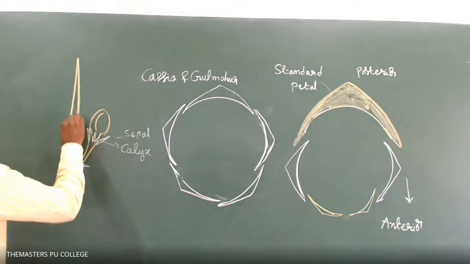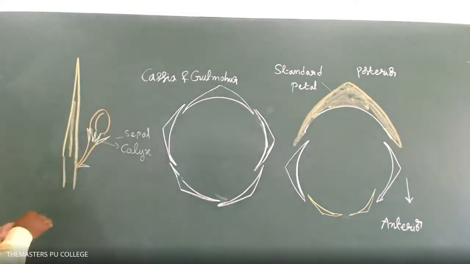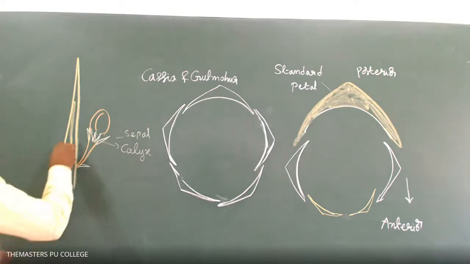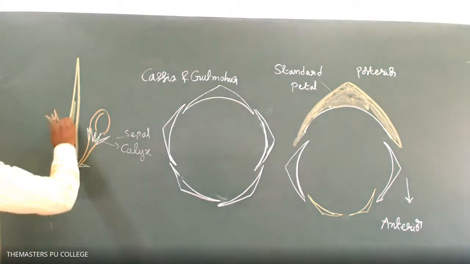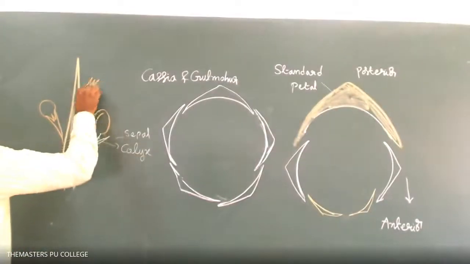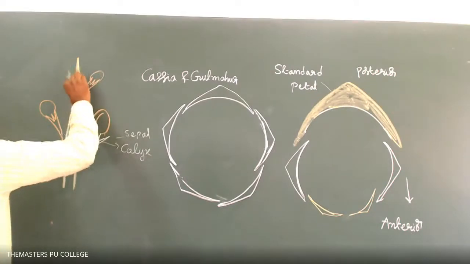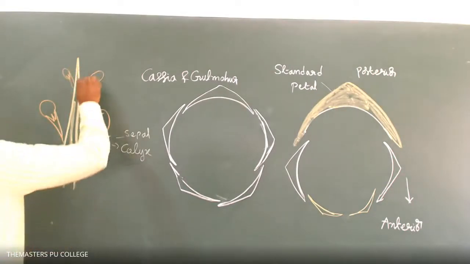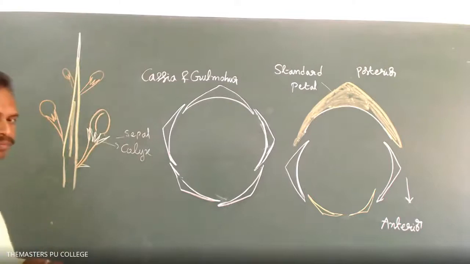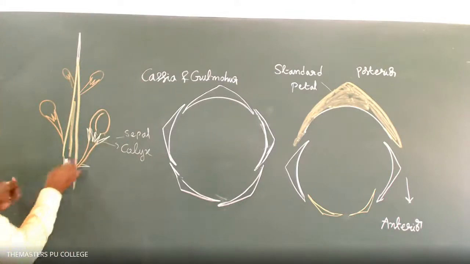So this is the axis of the inflorescence. Suppose it is a racemose type of inflorescence.